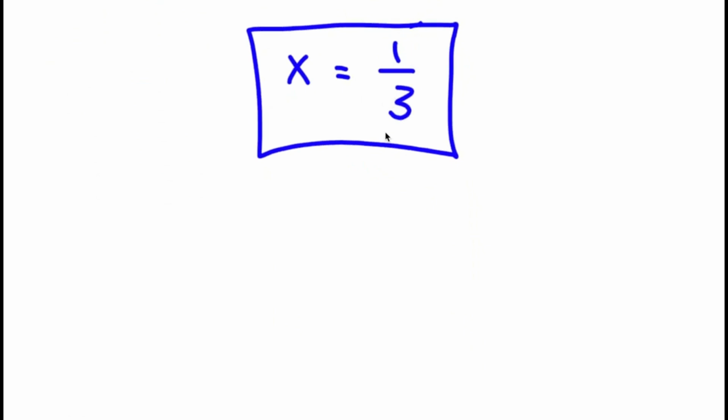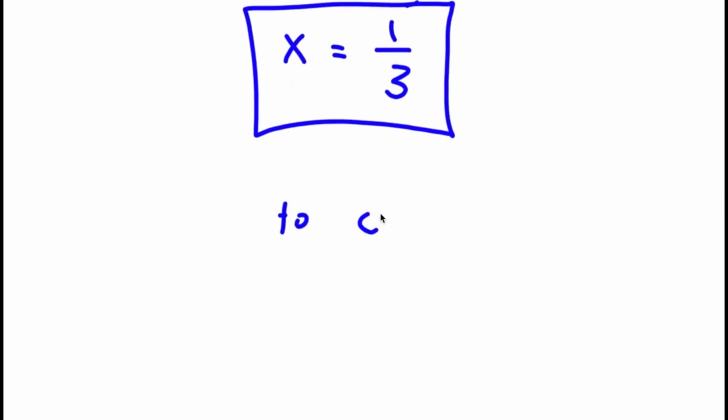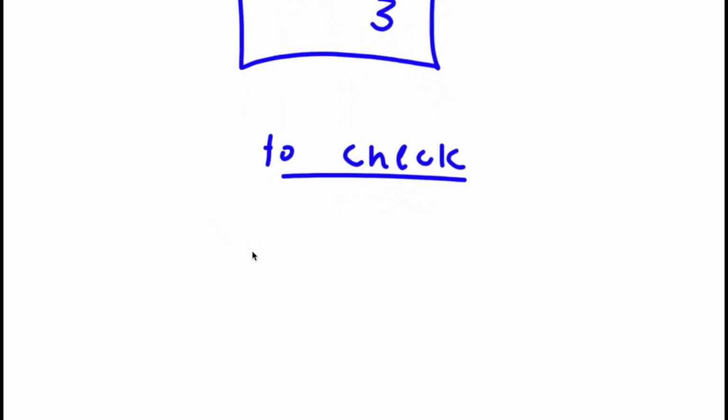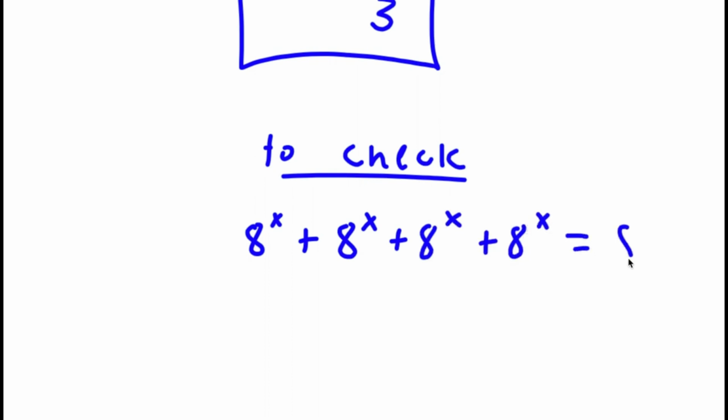So now to check, first start with a to the power of x plus a to the power of x plus a to the power of x plus a to the power of x is equal to 8.